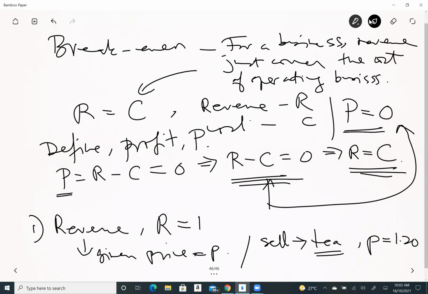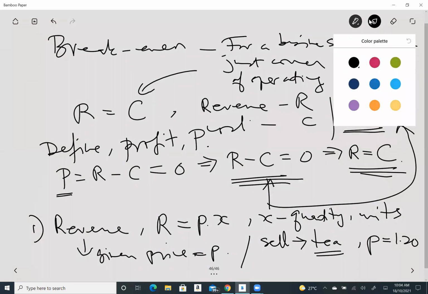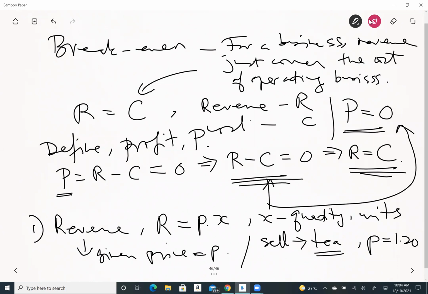So revenue is simply P times Q. Or we go by the book, X. We use X, where P is the price and X is the quantity of the good, quantity in units, whatever the units are. Sometimes we use X, sometimes we use Q, for quantity.